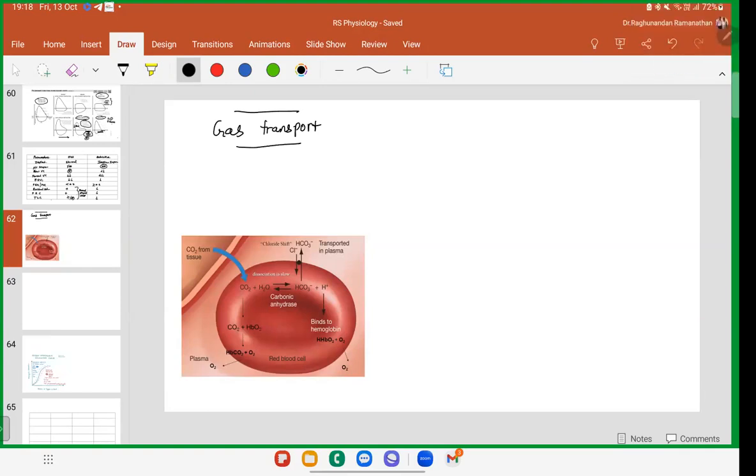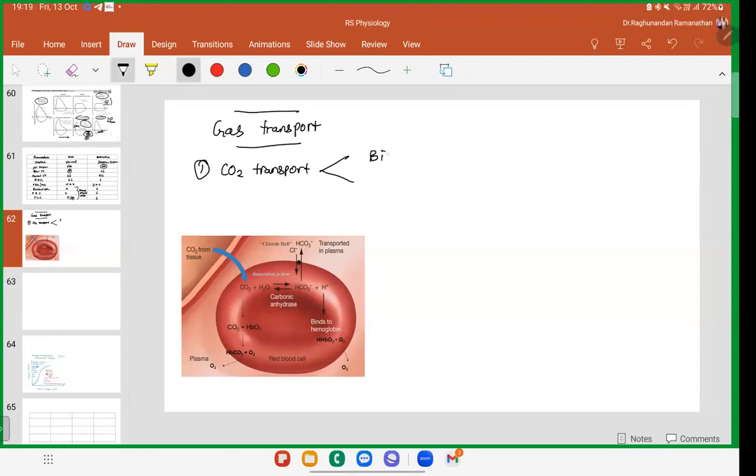So what happens basically is you have oxygen and carbon dioxide, two important gaseous components that play a role in the gas transport inside our lungs. Let's discuss the first one, carbon dioxide transport. Carbon dioxide is transported in different forms.